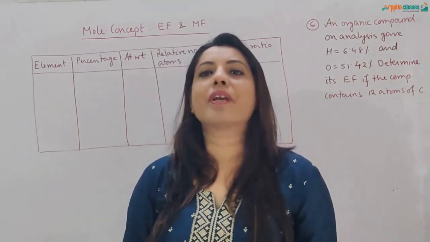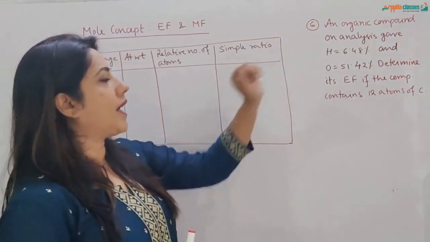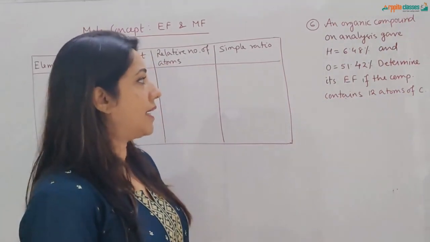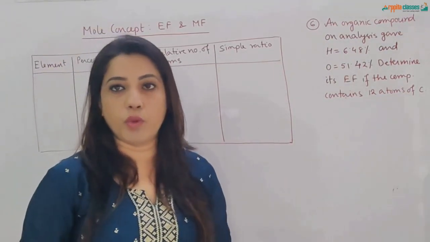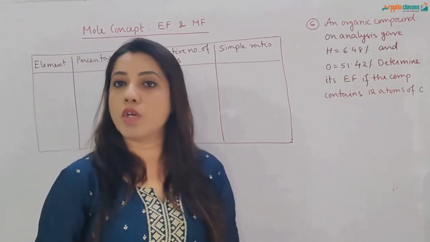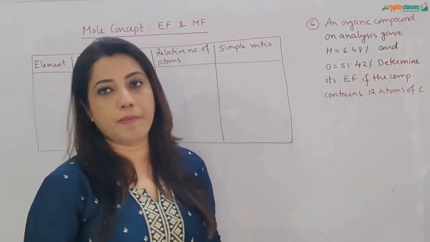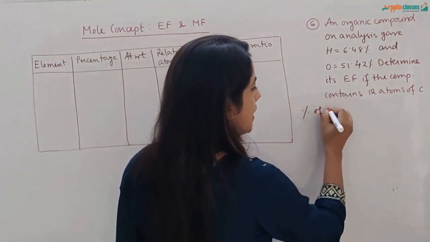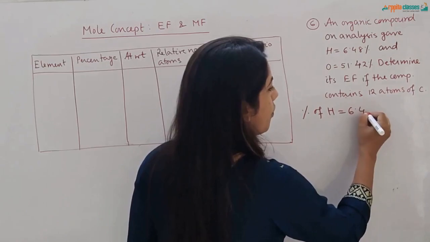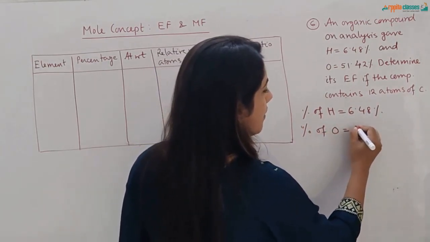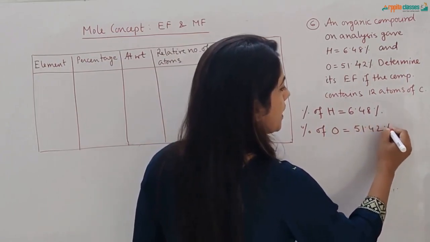Let's get started. Question number 6 is, an organic compound on analysis gave hydrogen 6.48% and oxygen 51.42%. Determine its empirical formula if the compound contains 12 atoms of carbon. So now here the percentage of hydrogen is given 6.48% and percentage of oxygen is given 51.42%.